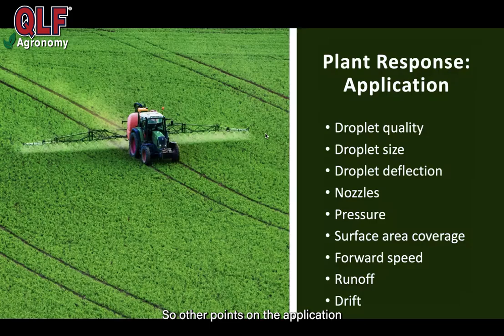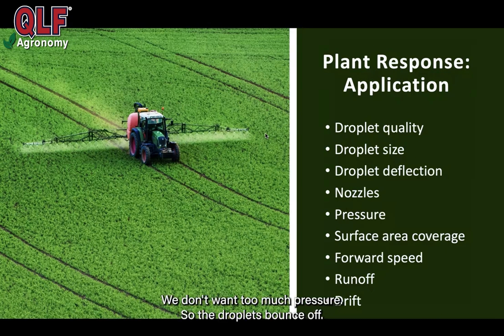Okay, so other points on the application. It's about your droplet size, droplet quality, droplet deflection. So of course, what nozzles you're going to use, what is your spray pressure. We don't want too much pressure so the droplets bounce off. We don't want too little pressure so they don't reach the target. The surface area of the plant canopy, how much area do we have to cover?